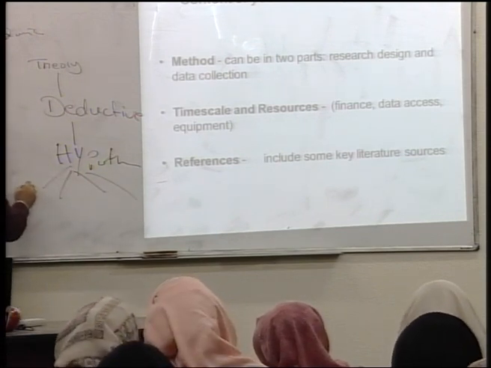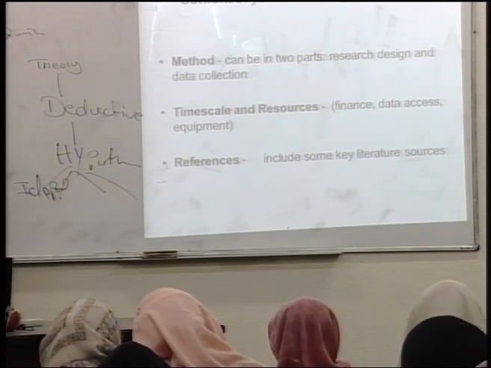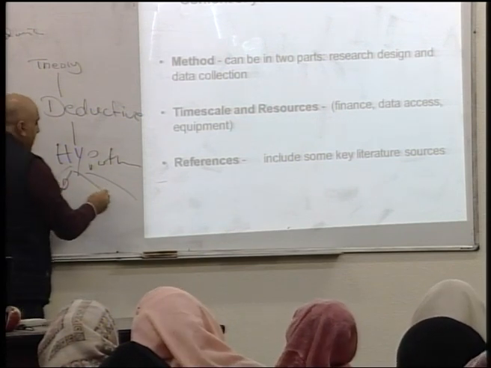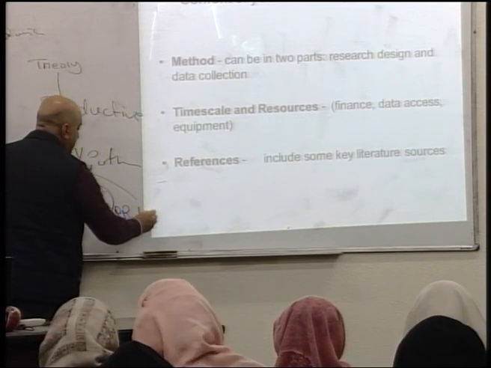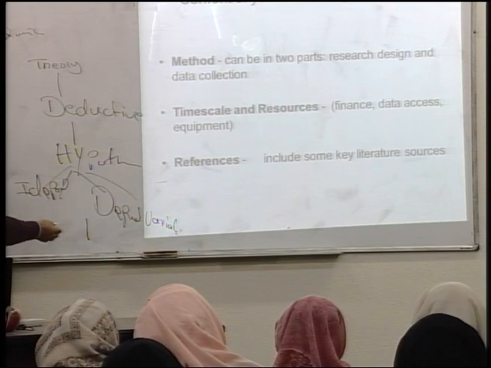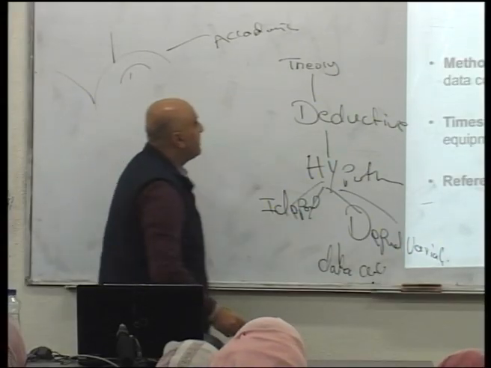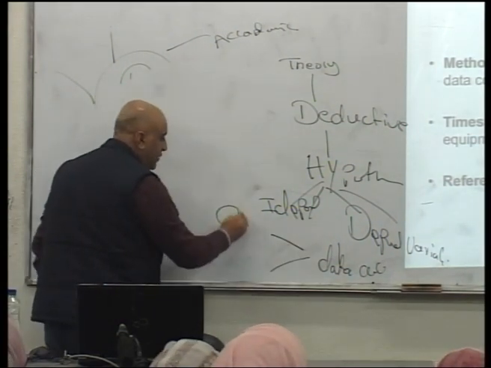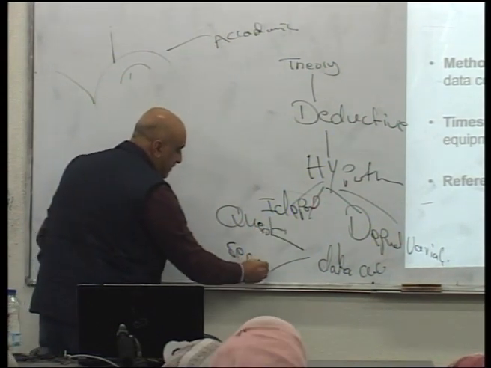You have independent variables. Okay, in the next 2 or 3 chapters, I will introduce what independent variable means. And you have dependent variables. After that, you have the data collection. The data collection could be a questionnaire. You are using a questionnaire, or you are using secondary data.